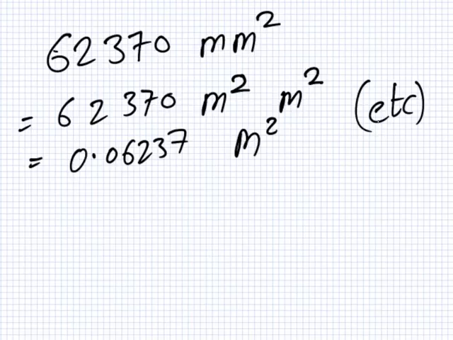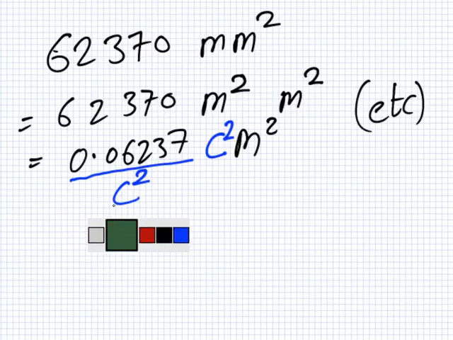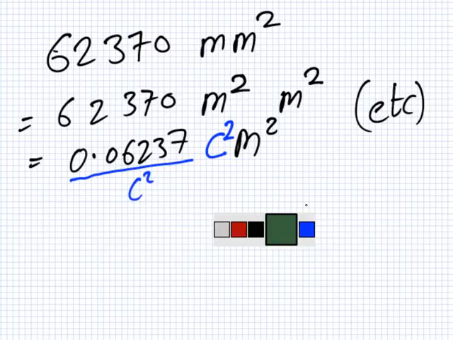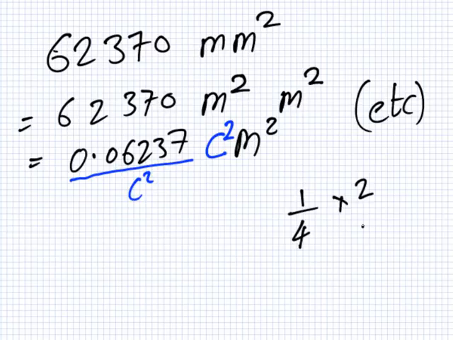So here's the trick. I want this here to be centi squared. True? If I put centi squared here, I must balance it by putting centi squared here so that they still cancel. So I'm not changing the answer. This is a little bit like in maths, when you have something like 1/4 and you multiply the top and bottom by 2 to make it 2/8.